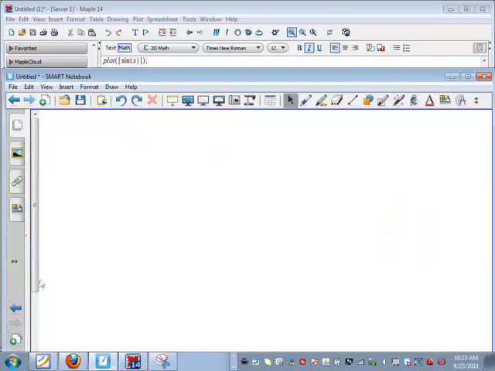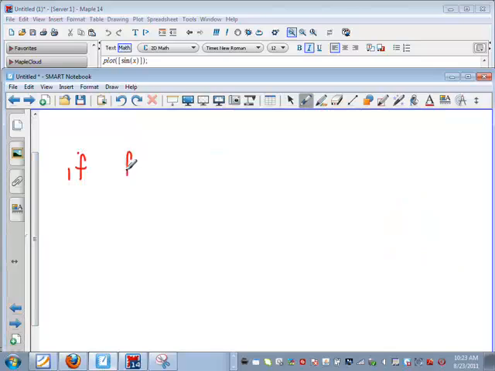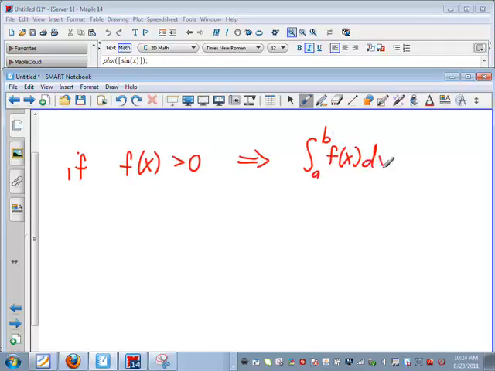Let me go ahead and give some extra credit here. It has to do with what I just said. So we know if f of x is positive, this of course implies that if I integrate f, then that has to be positive.